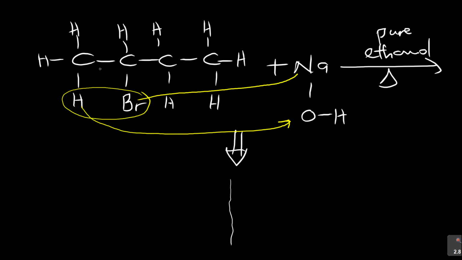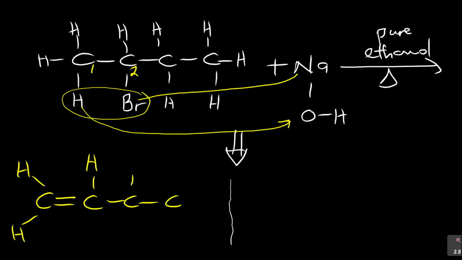Now when I'm taking them, there is a double bond between carbon 1 and carbon 2. That's where the double bond is. So it is going to be C double bond C, because that's where I took out. And then we're going to discuss that. On carbon 3, nothing. It maintained there.